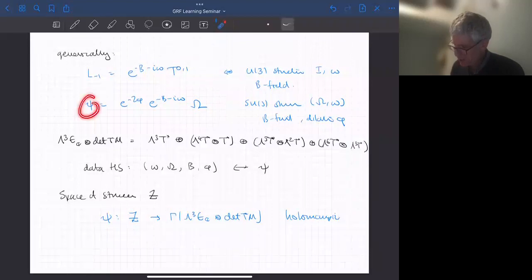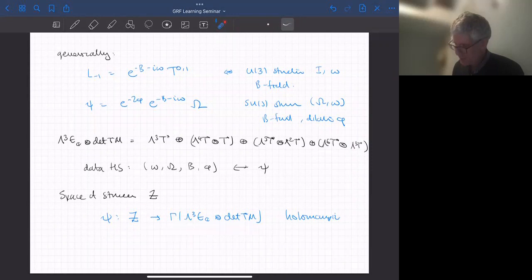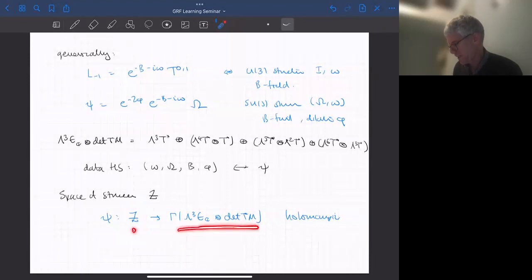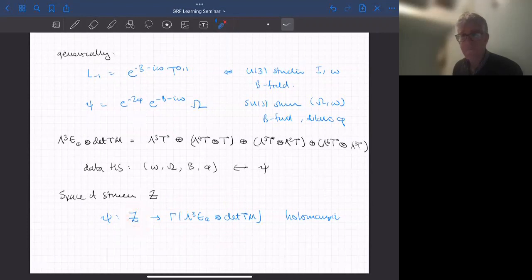But this psi naturally lives in this space of sections, and there's a natural complex structure on there just from the complexification, just as a vector space. And the point is that this is holomorphic, so for each structure I get some psi. I can think of it as a map from points in Z into sections of this space. This has a complex structure on it, and this map is holomorphic. So that effectively defines the complex structure on there. I'm just trying to tell you what the complex structure is on here.